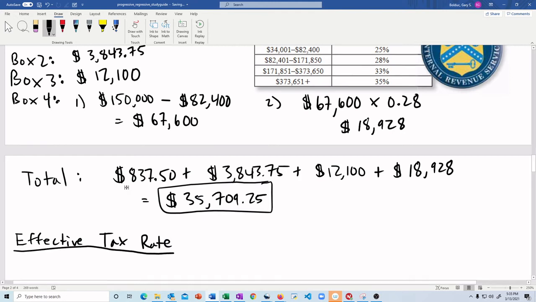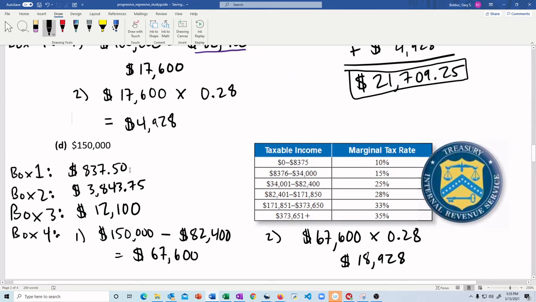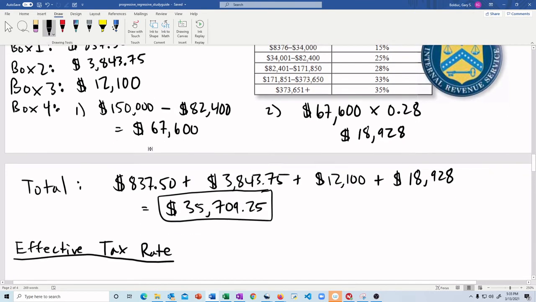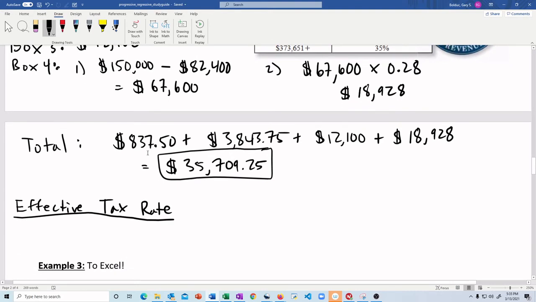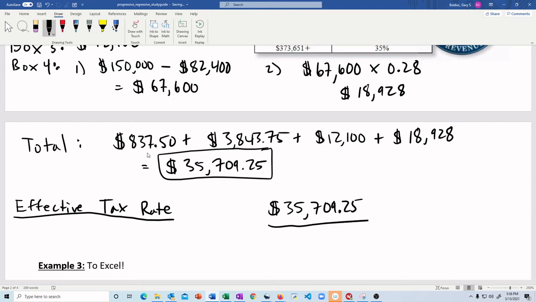I did not do any tax credits or deductions or anything here. But still we can do this quickly to see what's happening. Remember, what you do is you take the amount you pay, and we're just going to pretend there were no deductions or anything like that.